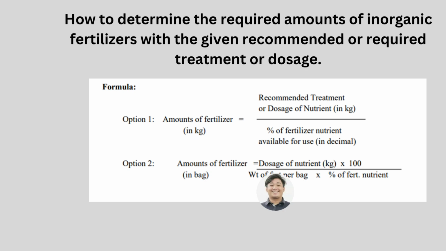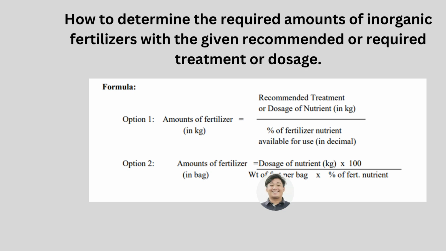So there are two approaches here. Option one: the formula is amount of fertilizer, in kilograms, equals the recommended dosage of nutrient in kilograms, divided by the percent of fertilizer nutrient available for use, in decimal.